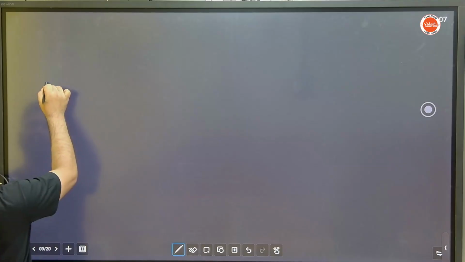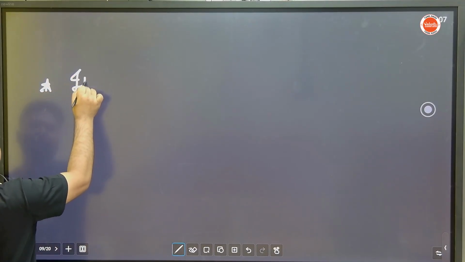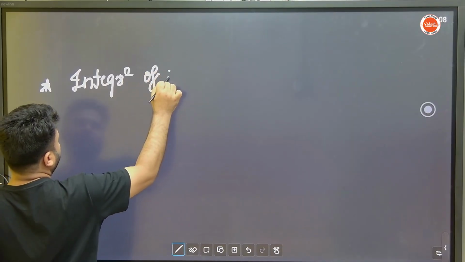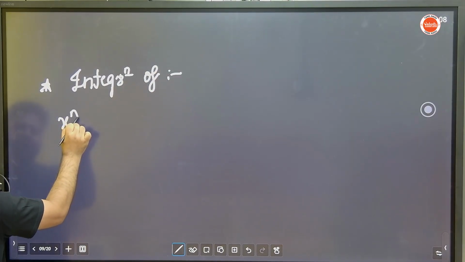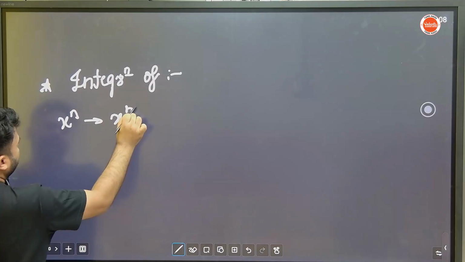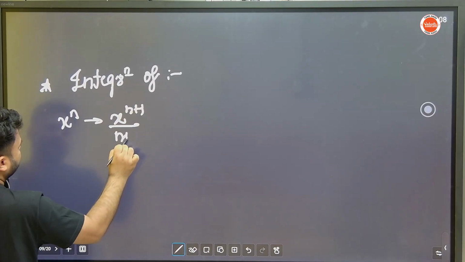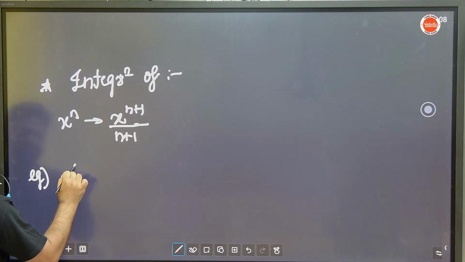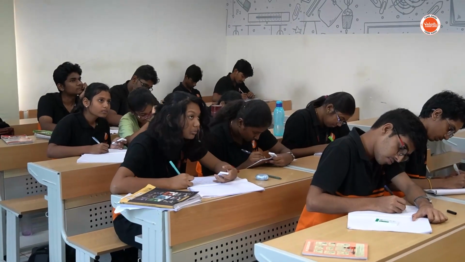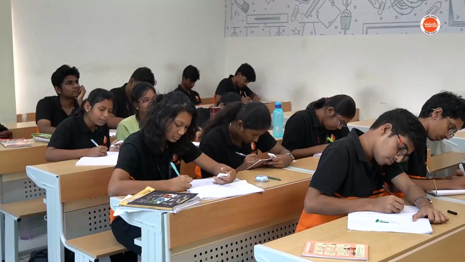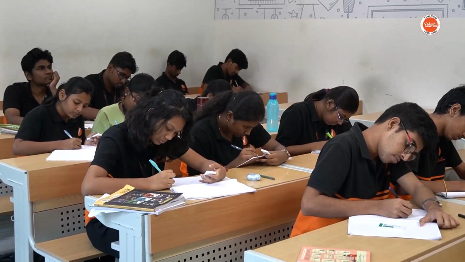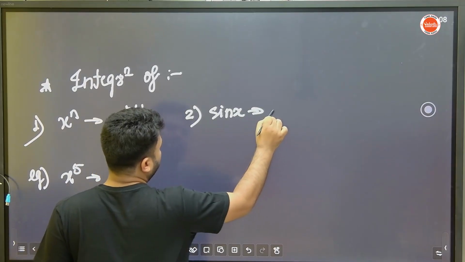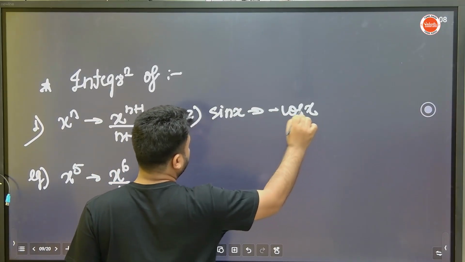Same here, I'm just writing some formulas. Integration of first, x to the power n, is x to the power n plus 1 divided by n plus 1. It means if they ask what is the integration of x to the power 5, it is x to the power 6 divided by 6. This is the first formula. Second formula, integration of sin x is minus cos x.